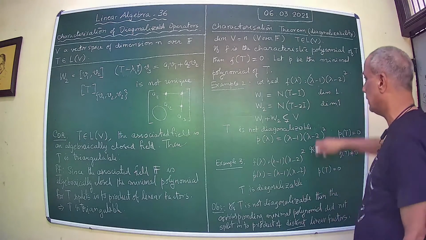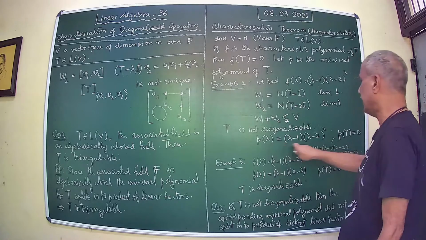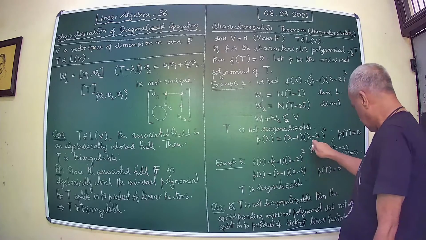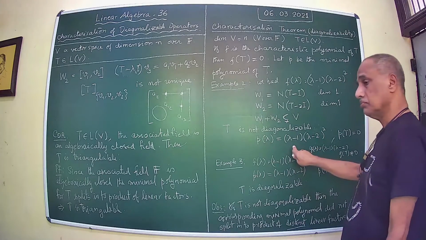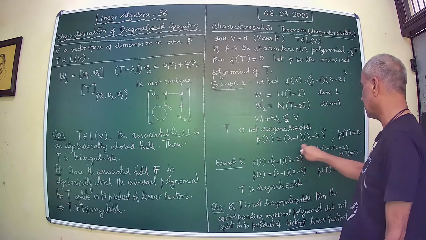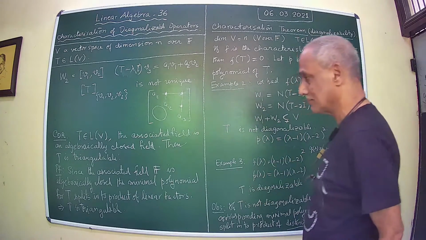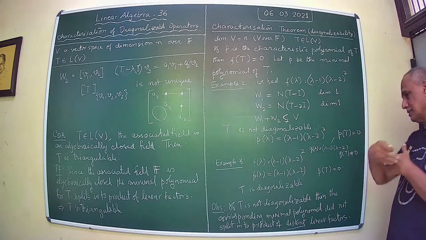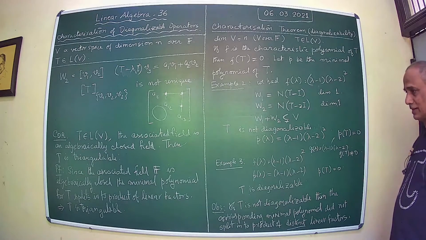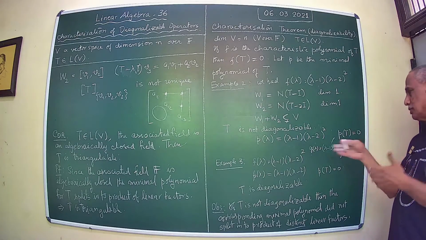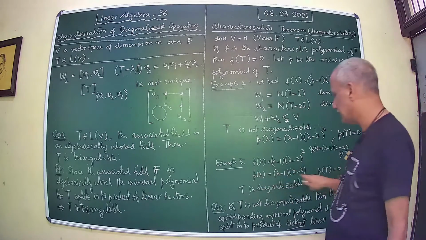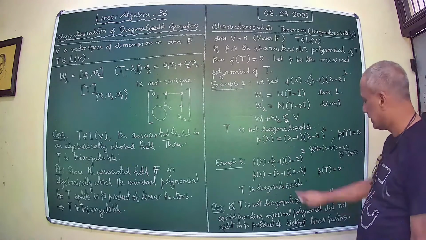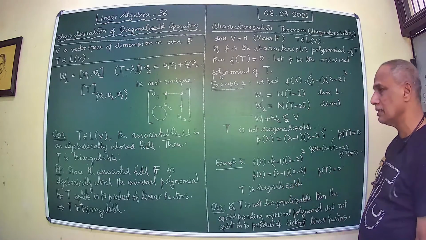For example, in example 2, it did split into a product of linear factors, but the linear factors were not distinct, because lambda minus 2 appears twice. So it is actually lambda minus 1 into lambda minus 2 into lambda minus 2. That is the linear splitting that you can write down. But lambda minus 2 was appearing twice. Whereas in this particular case, it was splitting into distinct linear factors. So these are two distinct linear factors.